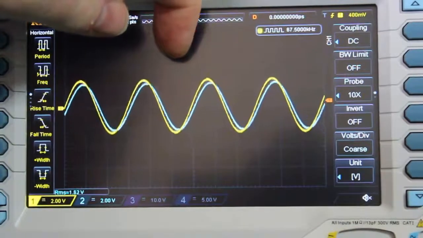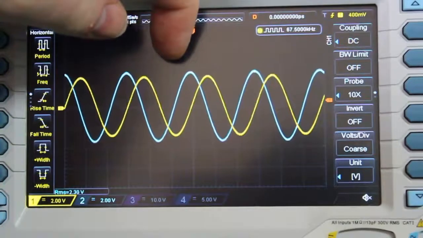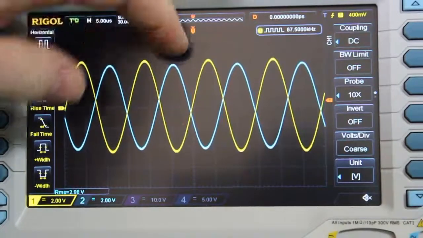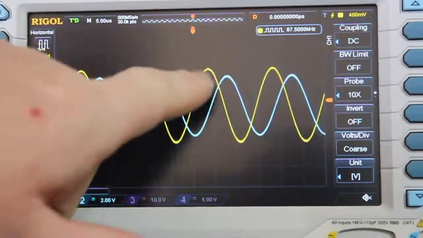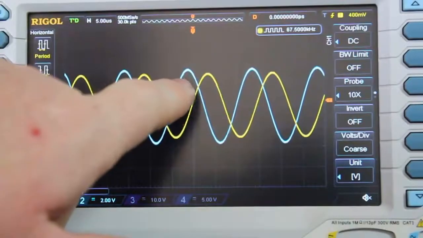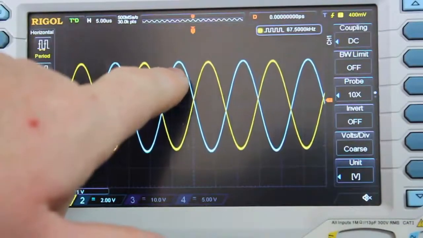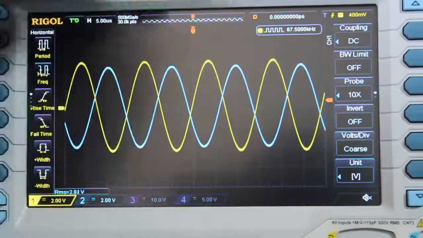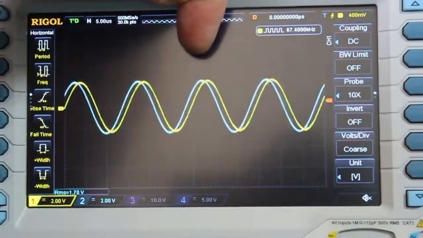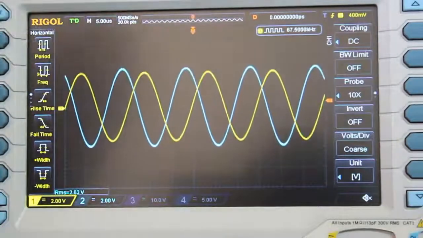But what we're doing in this experiment is we're seeing the opposite to what science would normally tell us. So when we see 180 degrees from the peak of the yellow wave to the blue wave, so about there is 180 degrees out of phase, we get maximum amplitude, which is a very interesting phenomenon.